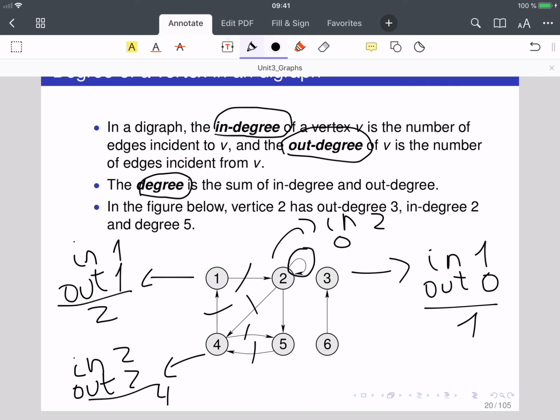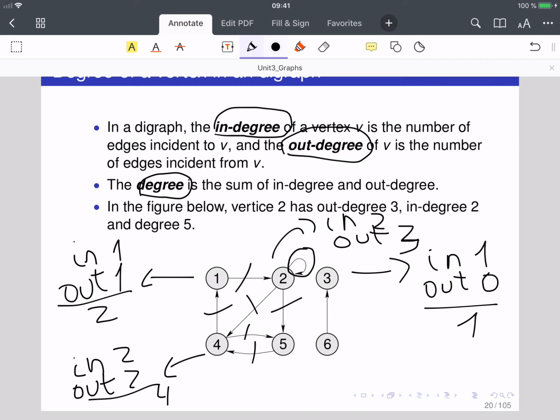And the out degree in this case is 3 because we have one edge that goes to 4, one edge that goes to 5, and the loop that also is coming out of 2.